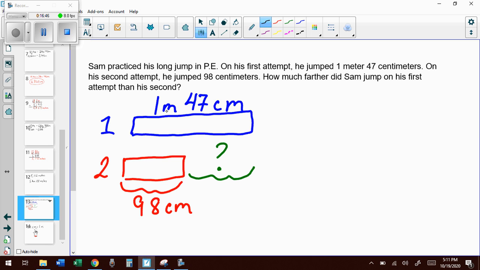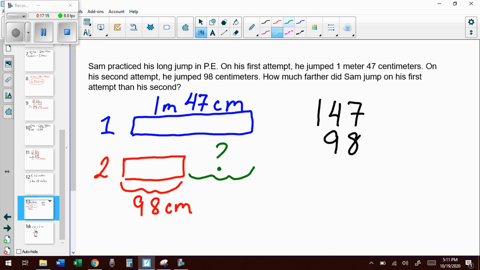So 100 centimeters plus 47 gives us a grand total of 147 centimeters was his first jump. We know that his second jump was 98 centimeters. And we don't know the difference.